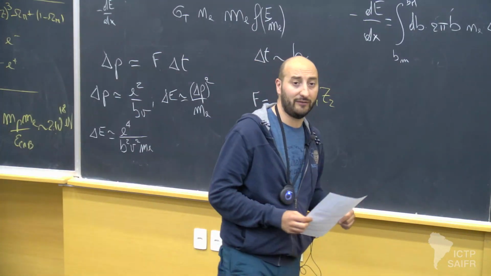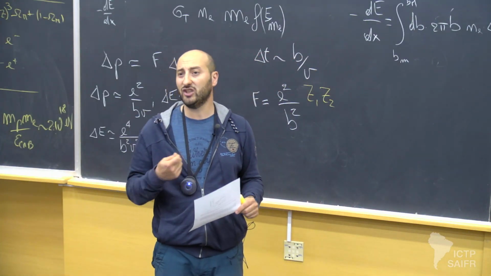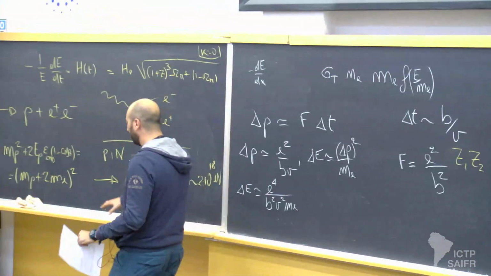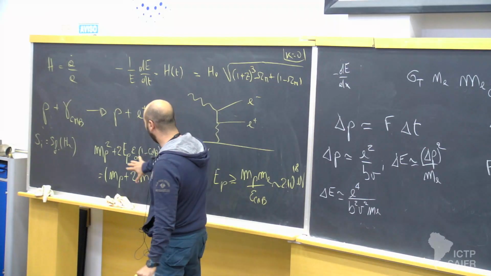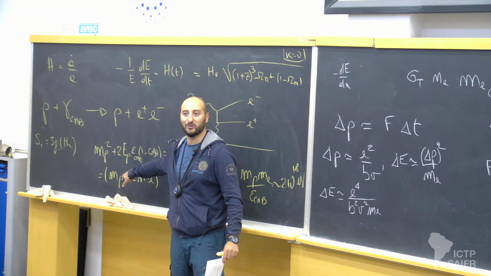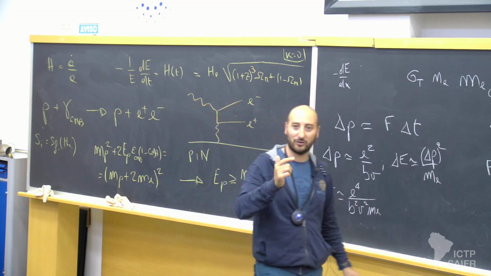This process, however, from the energetic point of view, is not extremely efficient. At threshold in particular, you can think of it like a compound state decaying into a daughter proton plus an electron-positron pair.